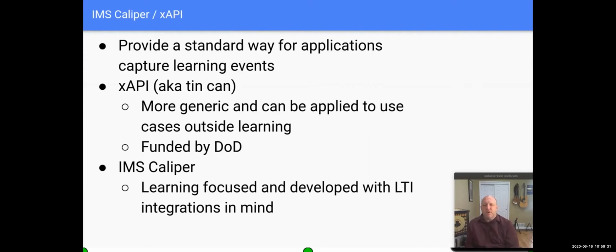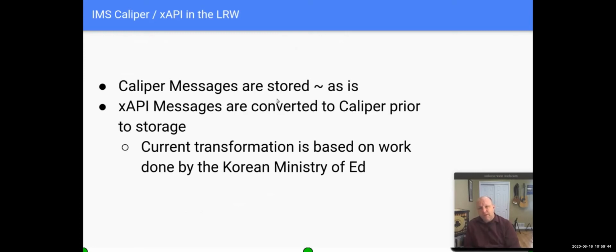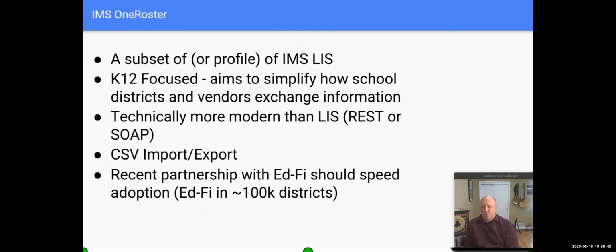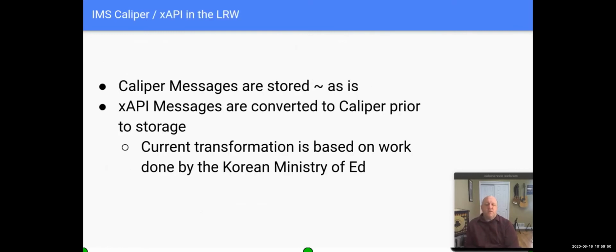The differences are XAPI is really more generic and can be applied to use cases outside of learning, and IMS Caliper is really meant for learning data. As I said, Caliper messages are stored as is, and XAPI messages are converted to Caliper prior to storage.